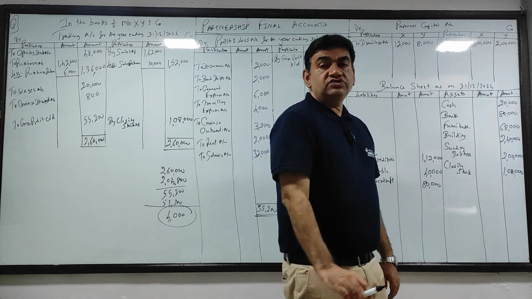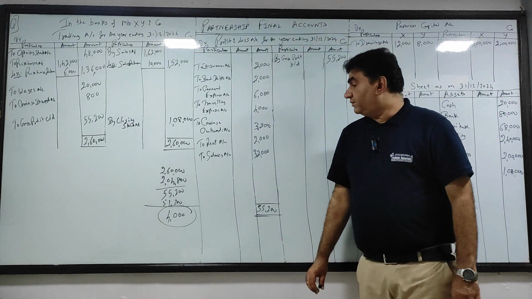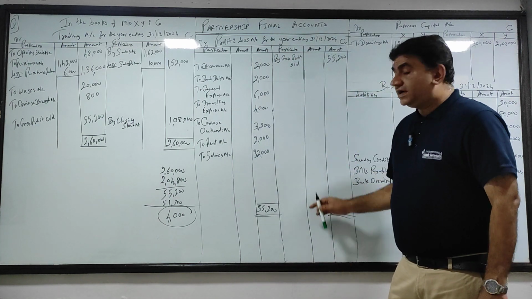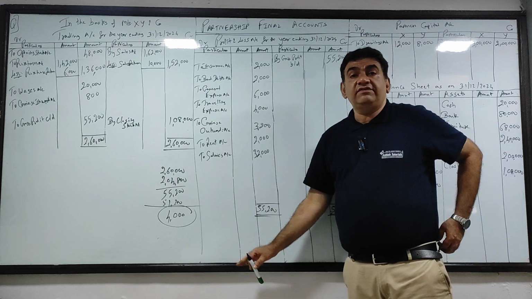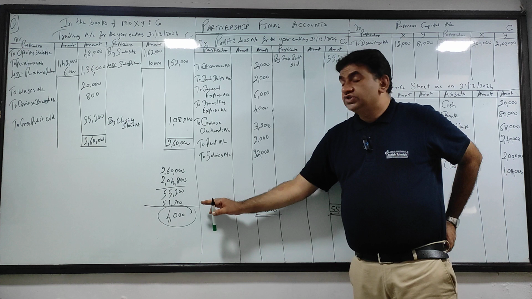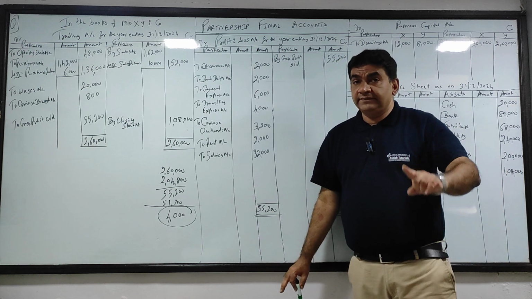So 4000 is my net profit. Credit side total 55,200, debit side 51,200, so the difference is 4000.